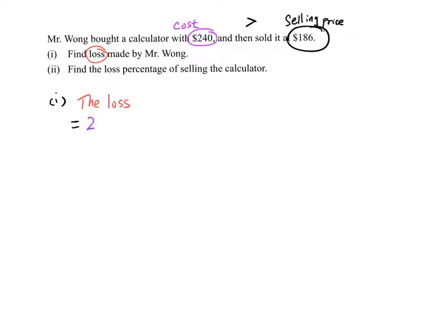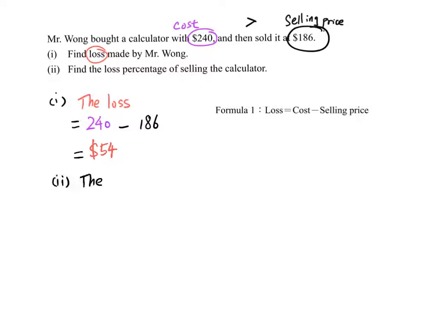The loss is equal to the cost, $240 minus $186. And the final answer is $54. For part 2, we need to find the loss percentage.